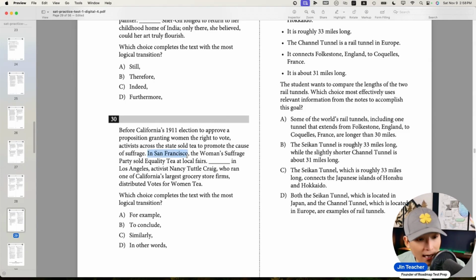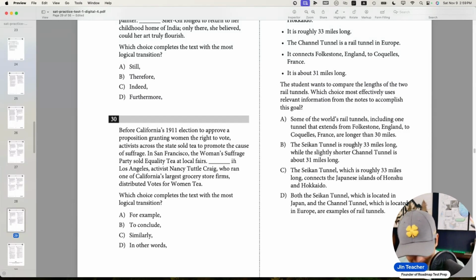This sentence tells us a specific place in California, San Francisco, so it's giving me an example of the main point of the previous sentence. In a certain place in California, the Women's Suffrage Party sold equality tea at local fairs. They're basically trying to promote voting by selling tea.